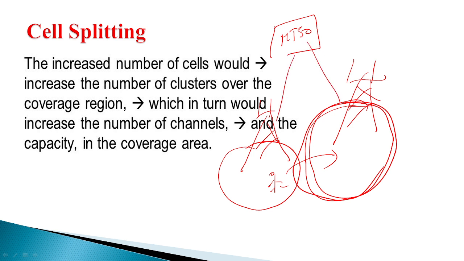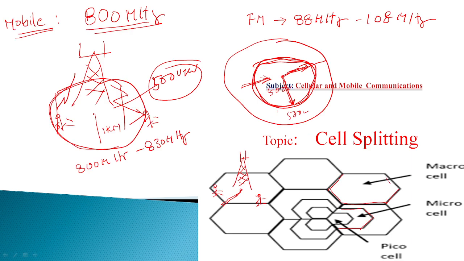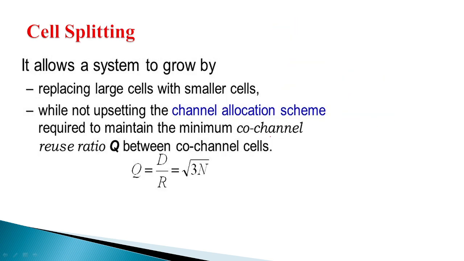So a greater number of handoffs are required, but in this case we can increase the signal strength. The coverage area may decrease, but the signal strength will be increased. You can see that large cells are replaced with smaller cells through cell splitting.